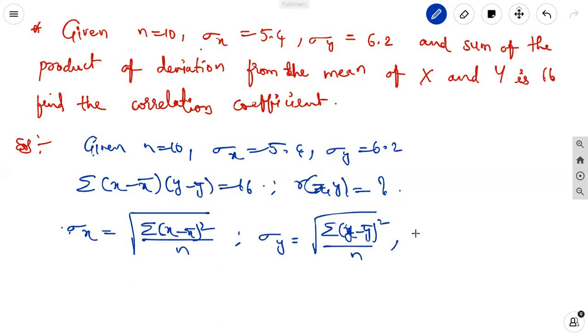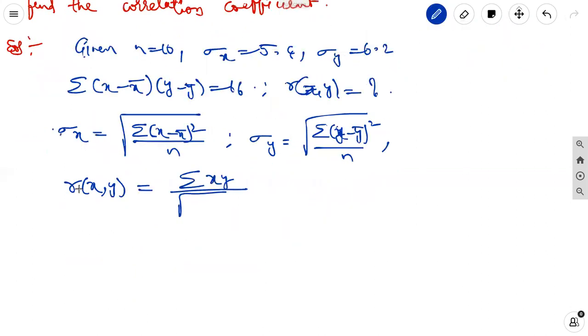The coefficient of correlation r of x comma y is equal to summation XY by under root of summation X square into summation Y square.